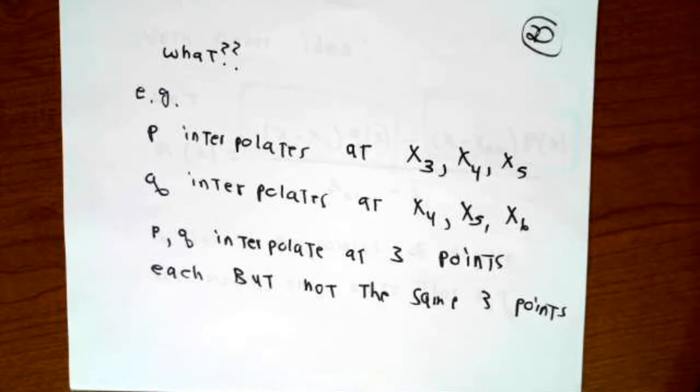So, for example, P might interpolate the function at x3, x4, and x5. If so, Q would interpolate the function at x4, x5, and x6. Both P and Q interpolate at exactly 3 points, but they're not the same 3 points, although there is some overlap.